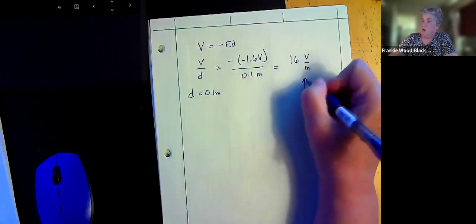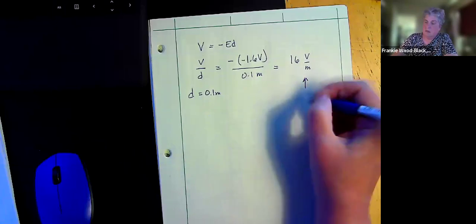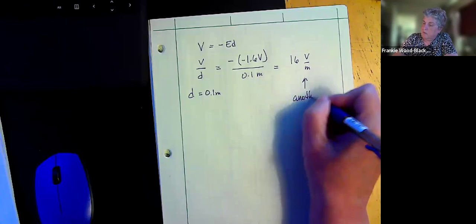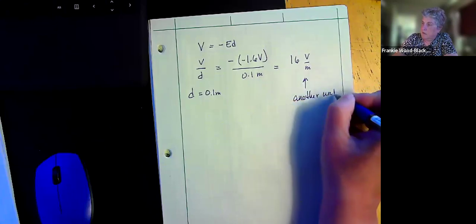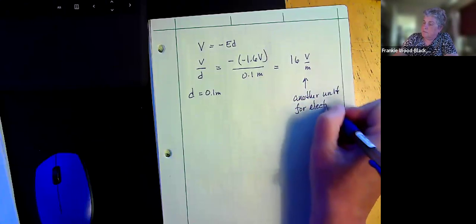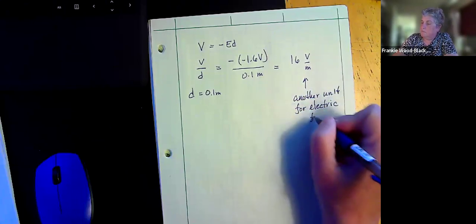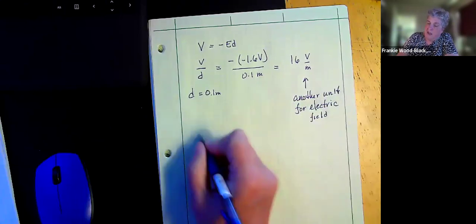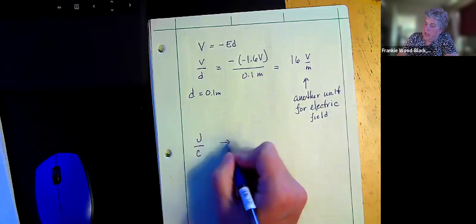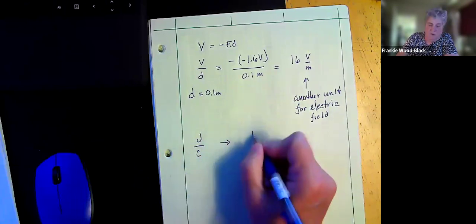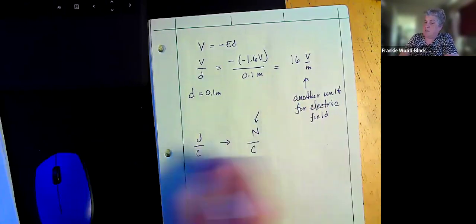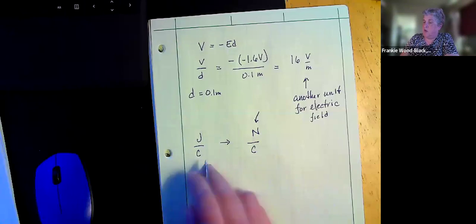And this volts per meter is another unit for electric field. We have joules per coulomb, and then we have newtons per coulomb. This is what we were working with yesterday. Now I've got joules per coulomb as a volt.